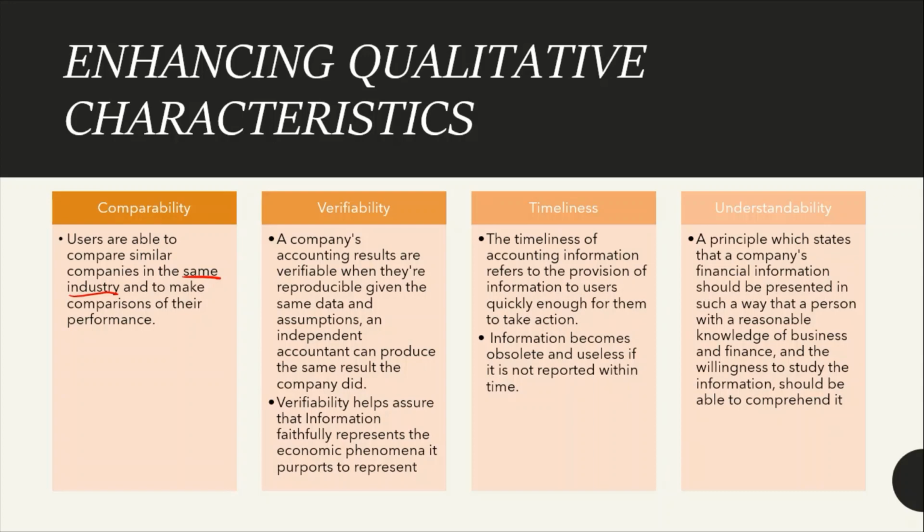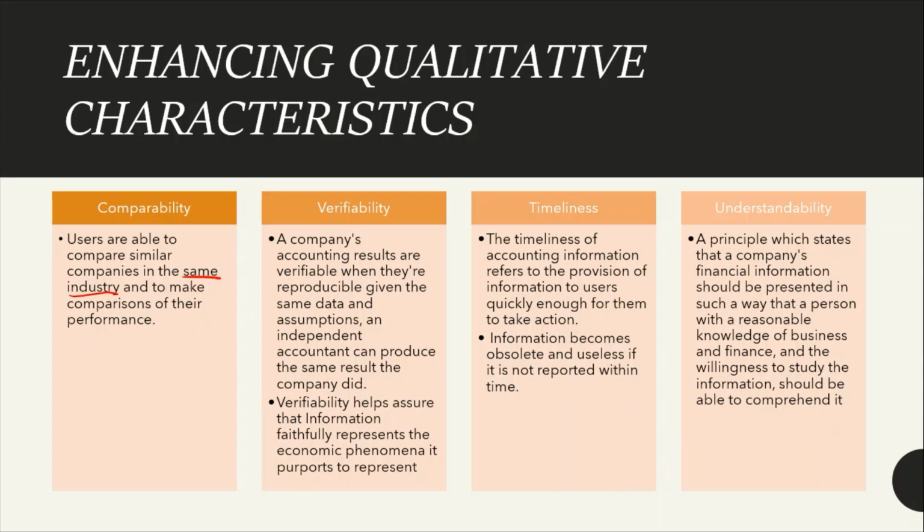Second is verifiability. A company's accounting results are verifiable when they are reproducible given the same data and assumptions. An independent accountant can produce the same result that the company did. Verifiability helps ensure the information faithfully represents the economic phenomena the report claims to represent.